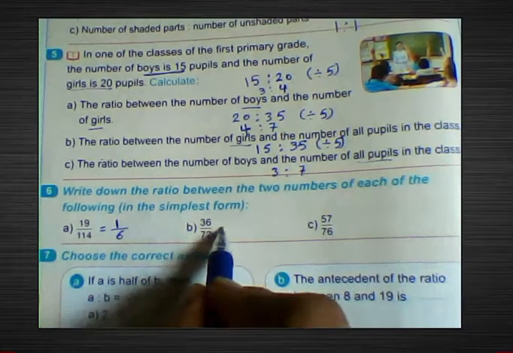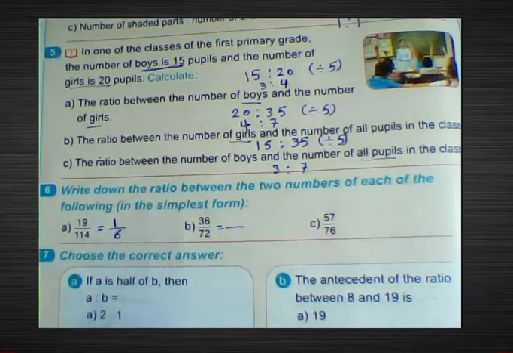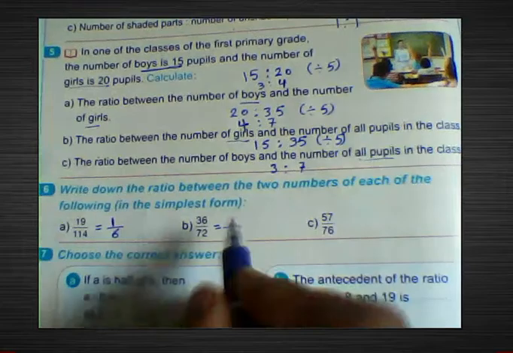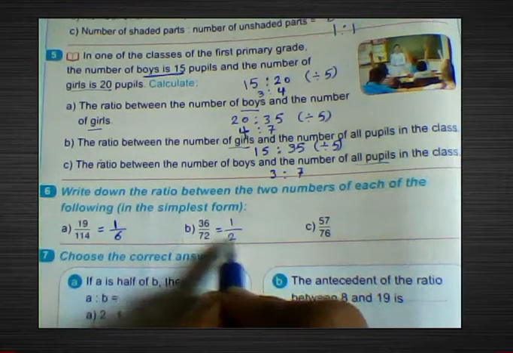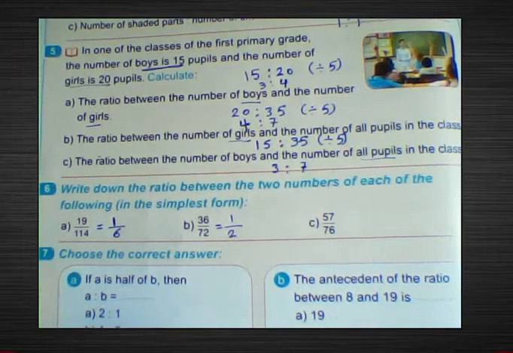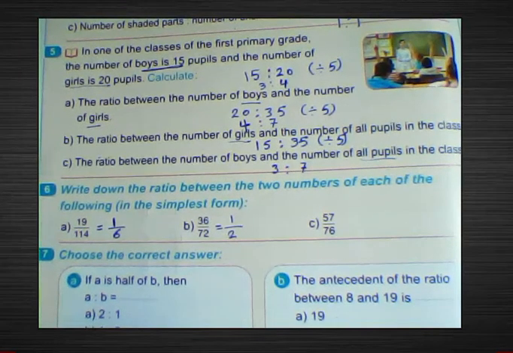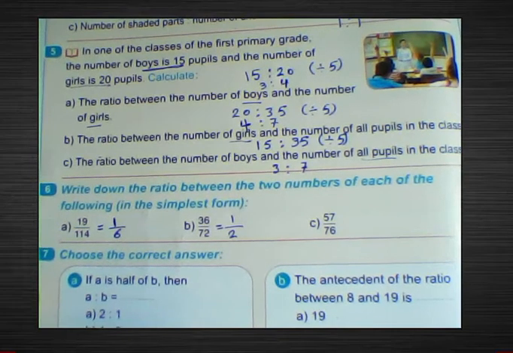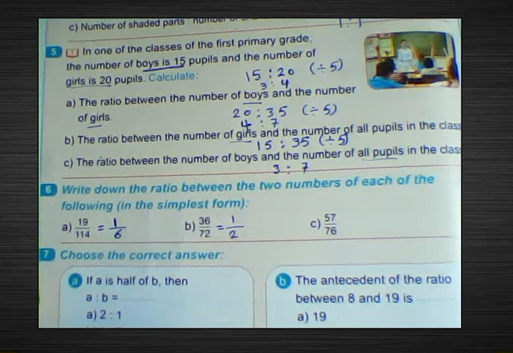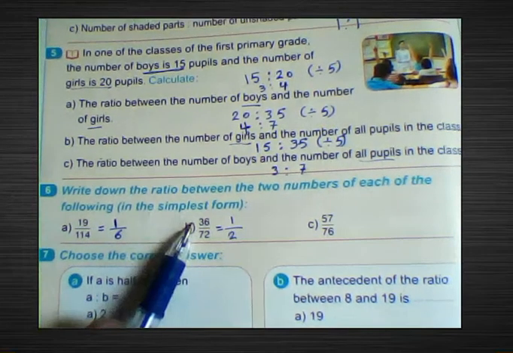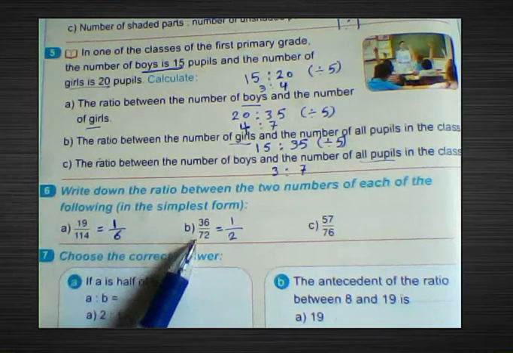And what about 36 and 72? 36 over 72, we have 1 over 2, because 72 equals 36 times 2. So the numerator is half of the denominator.